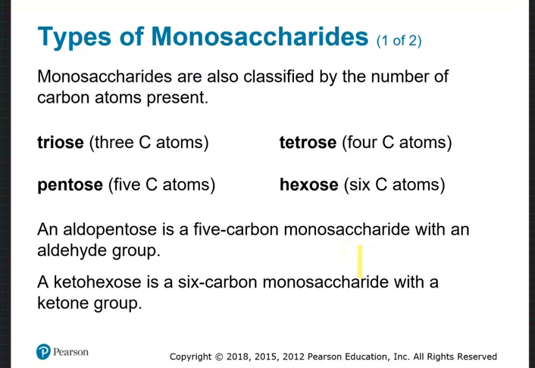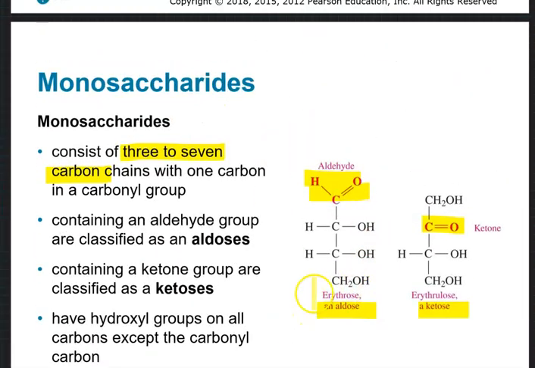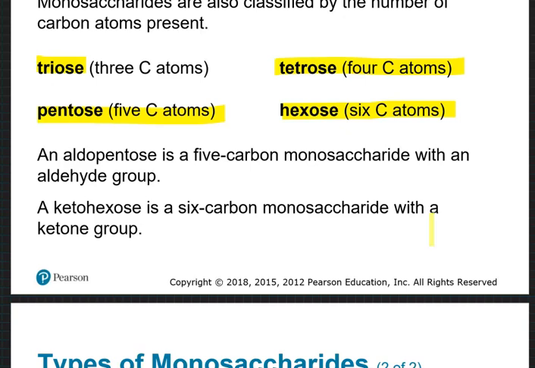So the classification based on the numbers is triose, 3 carbons, erythrose, tetrose, 4 carbons, pentose, and hexose. In our description, we can combine these 2 categories.